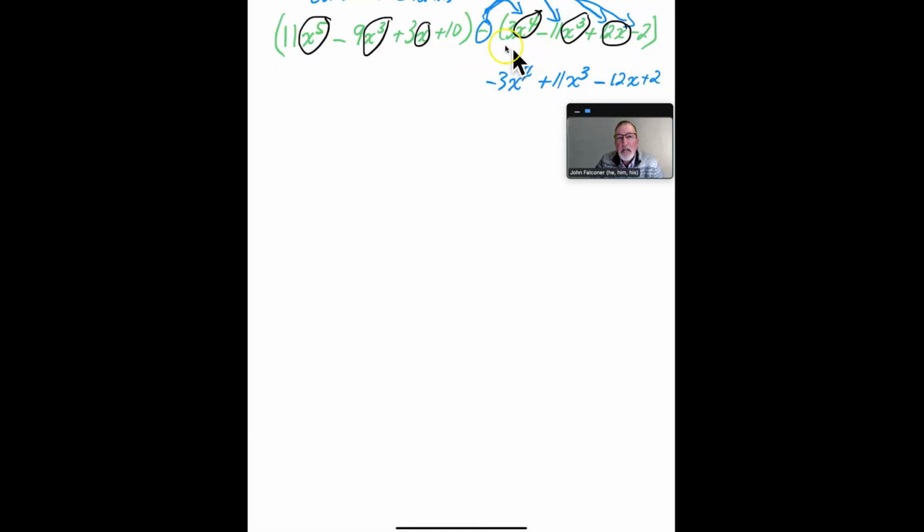These have been converted now. We distributed the negative sign. So we don't have a corresponding x to the 4th term on the left, and we don't have an x to the 5th term on the right. So we're just going to keep those as is. You can't do anything with them because the powers are not the same. Their exponents are different.